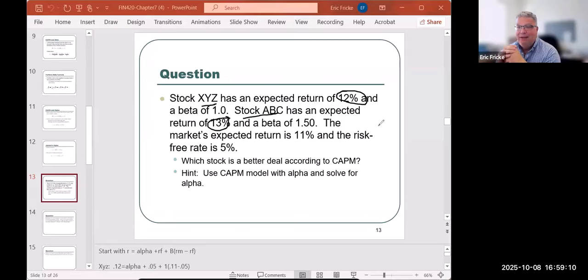I'm not saying this is something you should do, but this is how more cutting edge finance looks at it from a mathematical point of view. So why don't we do this? The strategy is here. Let's go ahead and calculate alpha for these two stocks and see which one has the higher alpha.